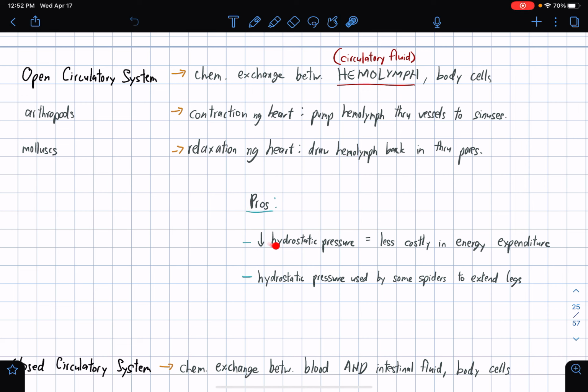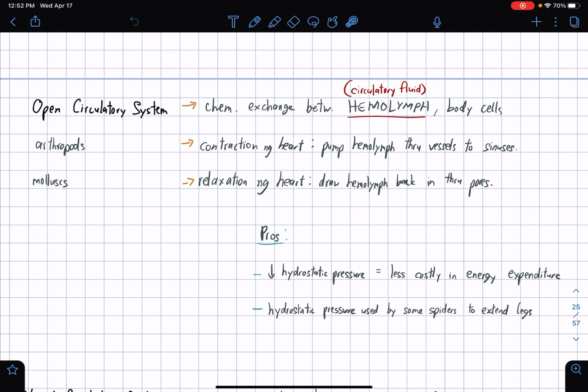If there is a decrease in hydrostatic pressure, then this is equivalent to a lower cost in energy expenditure. Hydrostatic pressure is used by some spiders in order to extend their legs. So this is very important among particular species in nature, one of them being spiders.